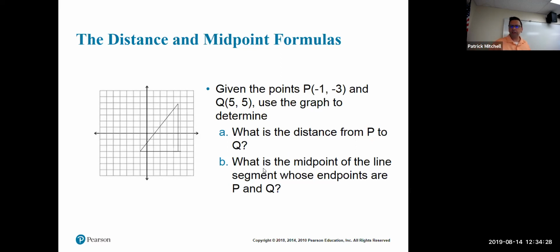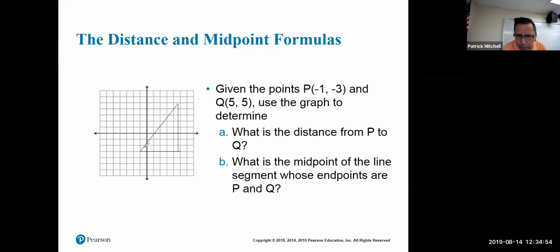All right, so now let's start looking at the midpoint formula. So the second question is, what is the midpoint of this line segment that connects (-1, -3) to (5, 5)? This one I think is pretty intuitive. What this says is, to find the midpoint of that line, you just average your x coordinates. So let me get sort of a rough idea of where that would be.